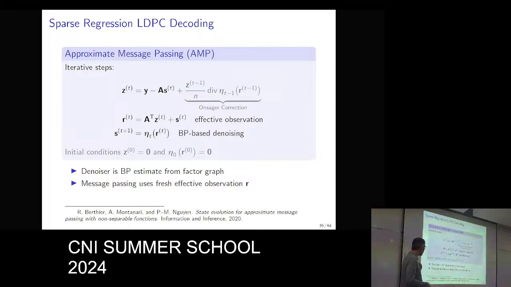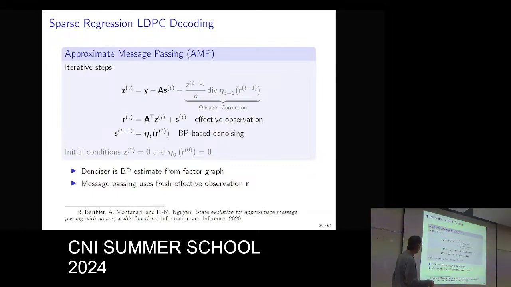What we need is a more powerful result. We use specifically a result by Berthier, Montanari, and Nguyen about state evolution for approximate message passing with non-separable functions. I don't want to say much about it other than the theory that we saw yesterday has been extended in many ways, and we use this more powerful result to justify the application of approximate message passing to our problem.